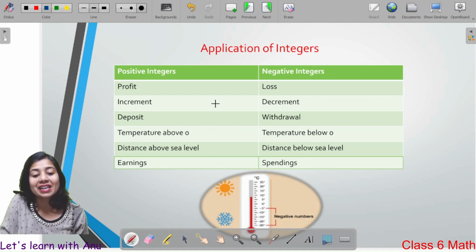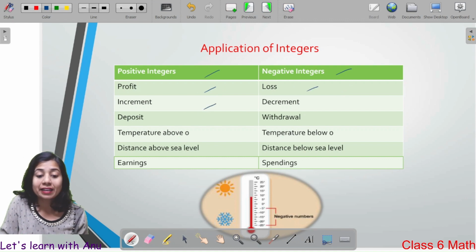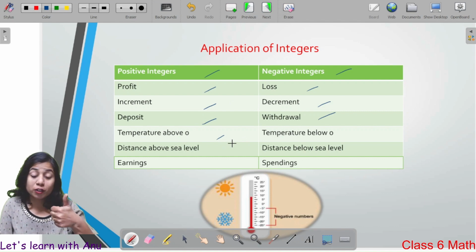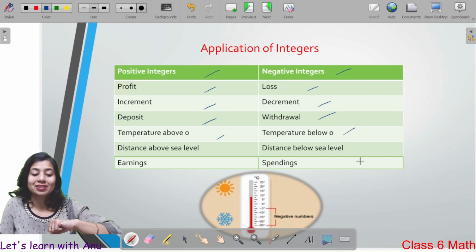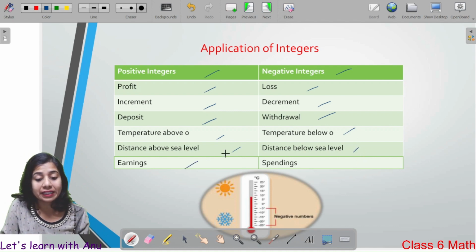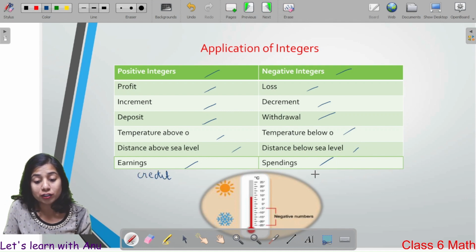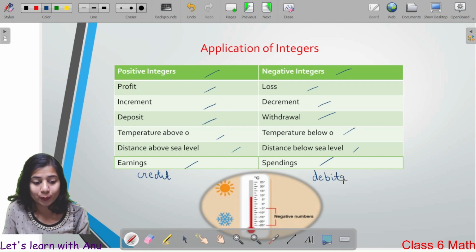Positive numbers and negative numbers can have varying applications, such as profit and loss, increment and decrement, deposit and withdrawal, temperature above 0 degrees Celsius and below 0 degrees Celsius, distance above sea level and below sea level, earnings and spendings. Along with this, credit and debit calculations are also done in banks using integers. So that's it about applications.